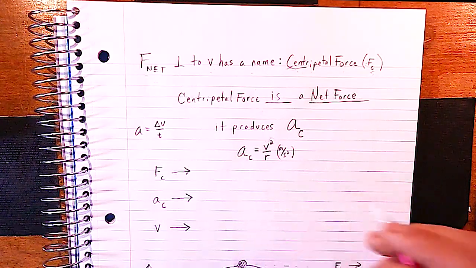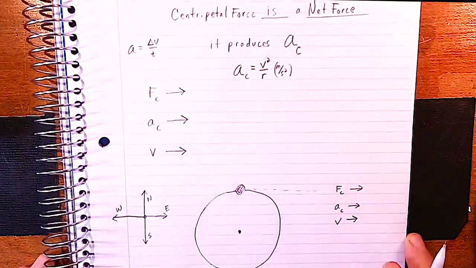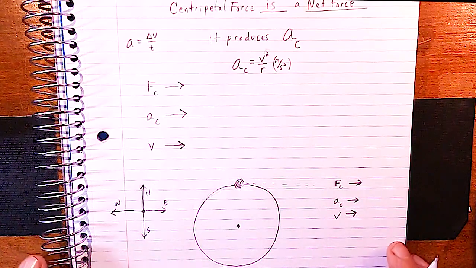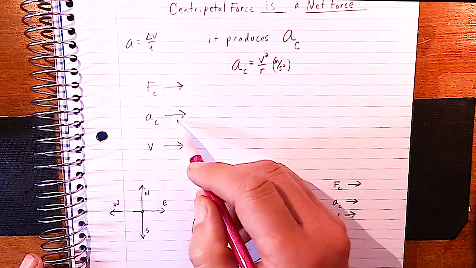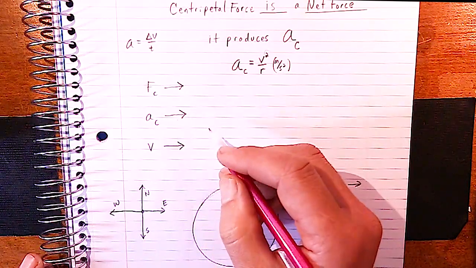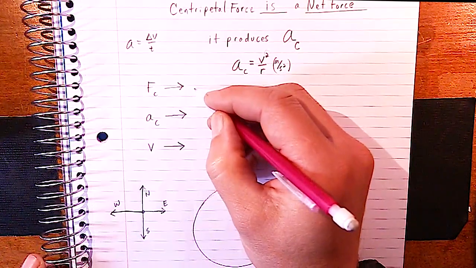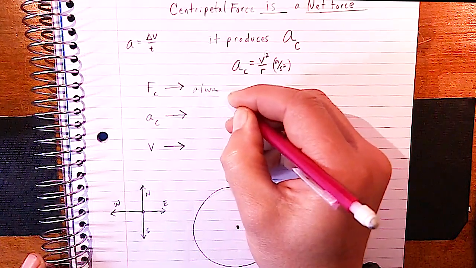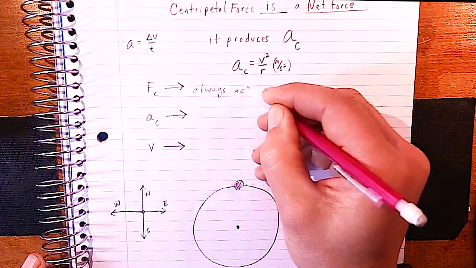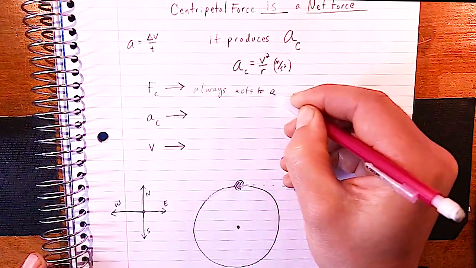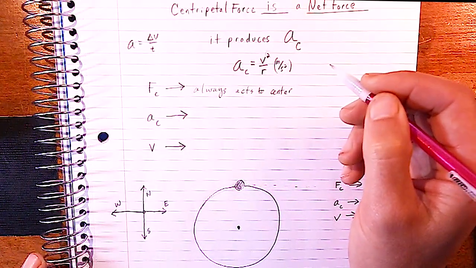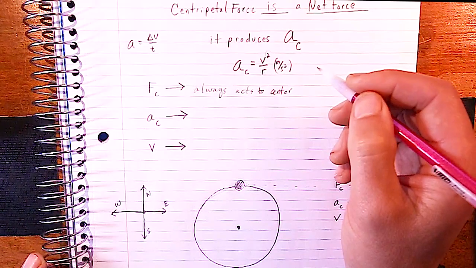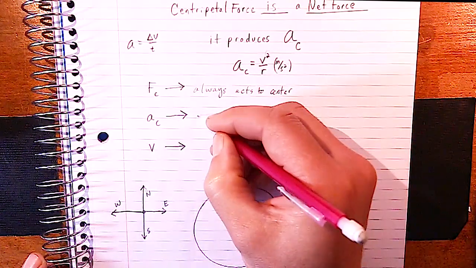So what's the most important thing that you're going to get tested on? Well, the most common questions deal with what direction these three quantities are in. Centripetal force always acts to the center. When we say acts to the center, it's acting to the center of the circle, or if it's part of a circle, then we would say the curve.